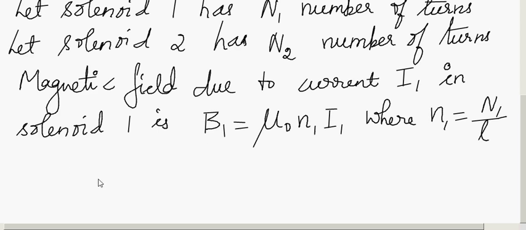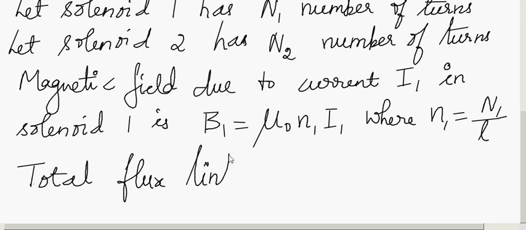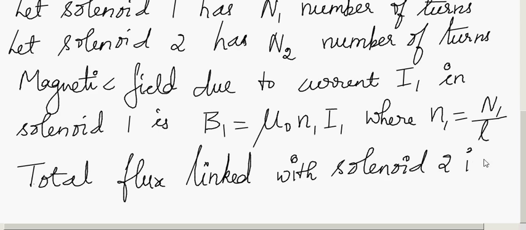So we can write total flux linked with solenoid 2 as phi 2, which is equal to B1 into A2 into number of turns in the second solenoid, N2.